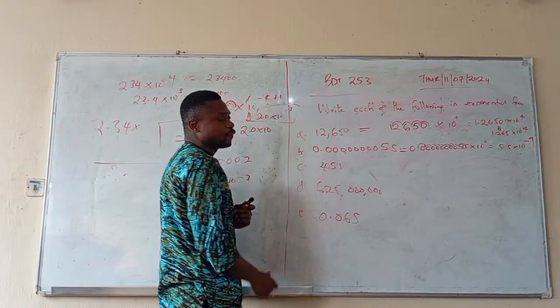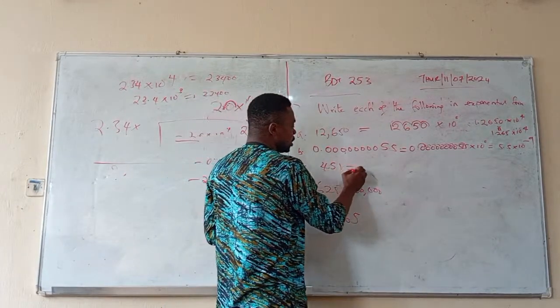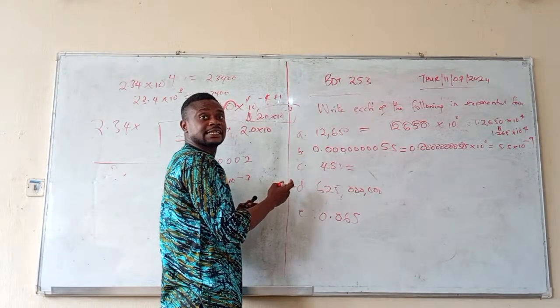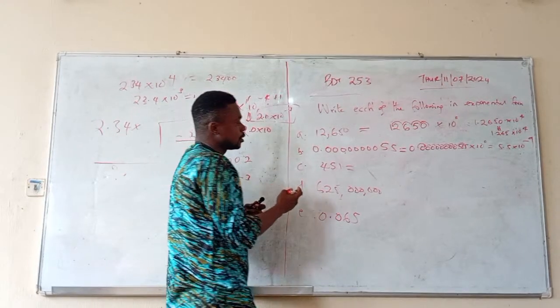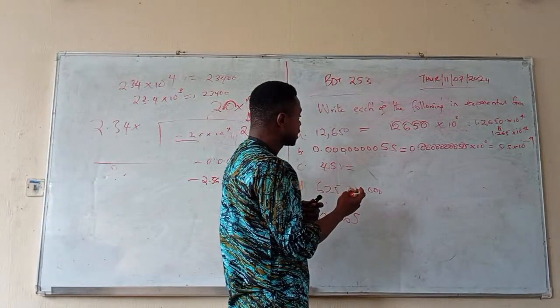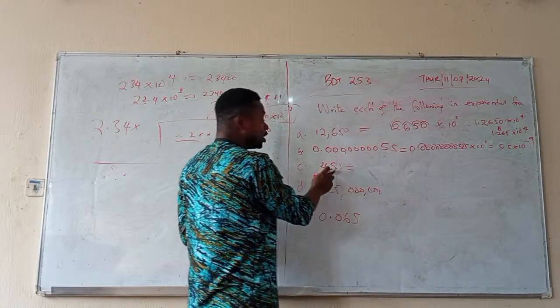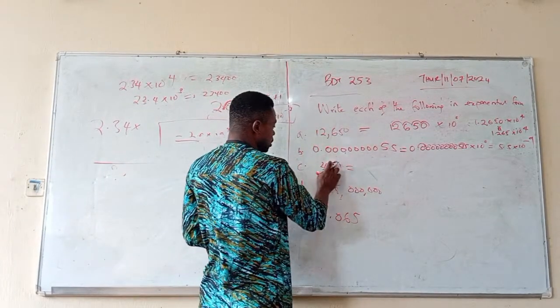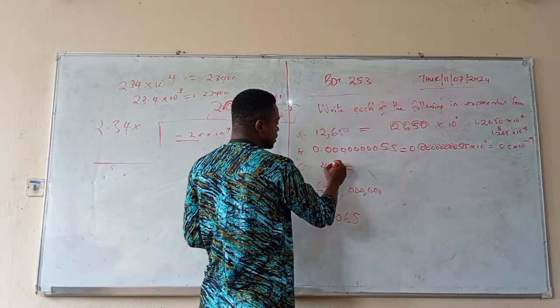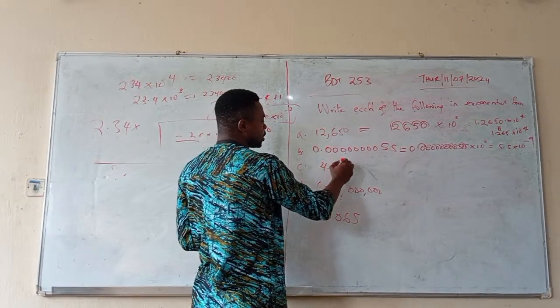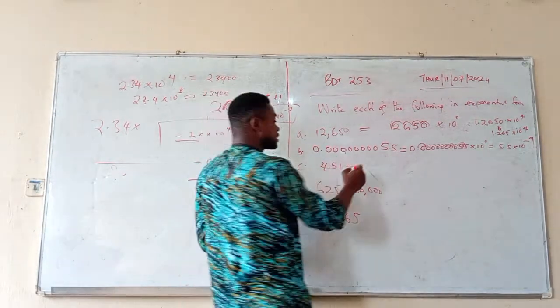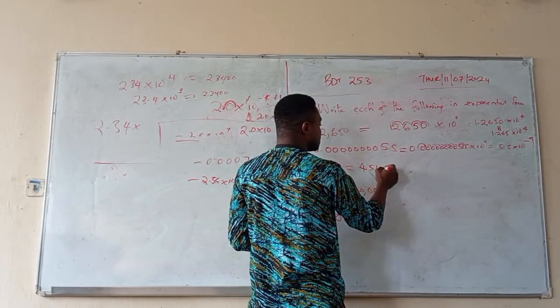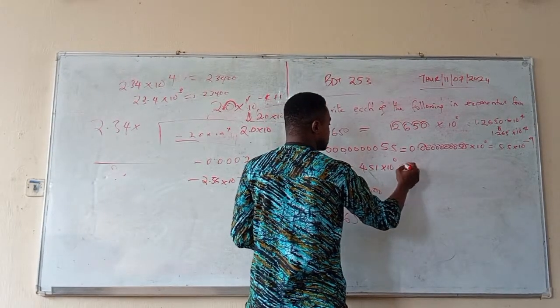Now, what about 451? This can be expressed as 451 times 10 raised to power 0.